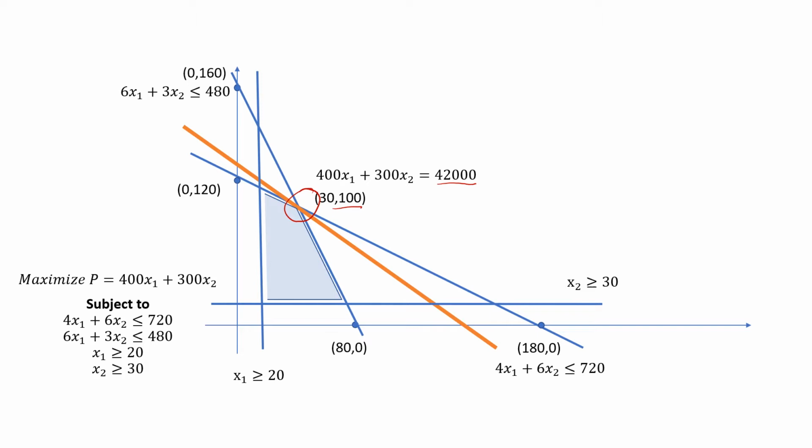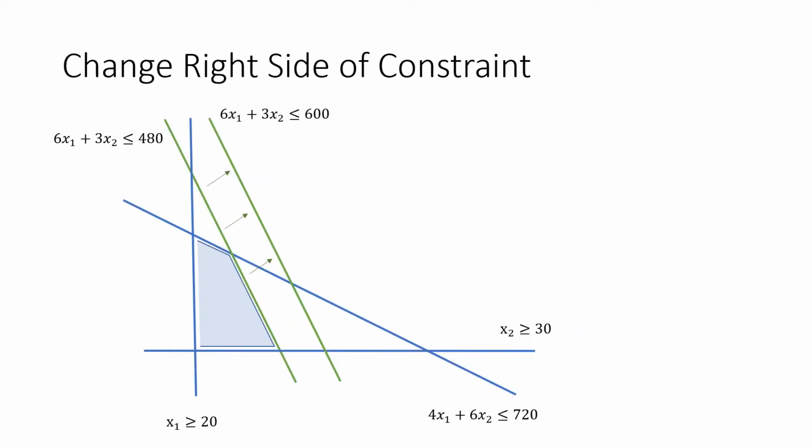Now, we're going to say what happens if we start to change some of these numbers. First, let's simplify it a little bit and say, okay, what about the right-hand side constants? Look at the constraints, the numbers on the right-hand side of the constraint line, the things that are holding us back. So we had this: 6x1 plus 3x2 is less than or equal to 480.